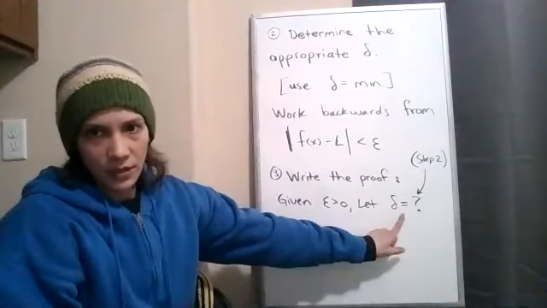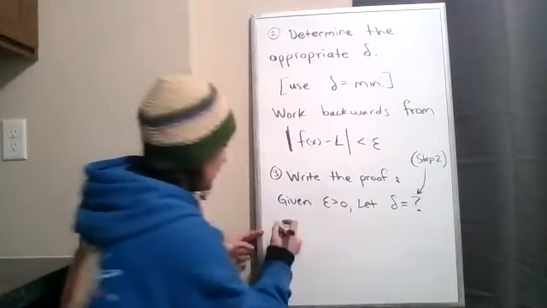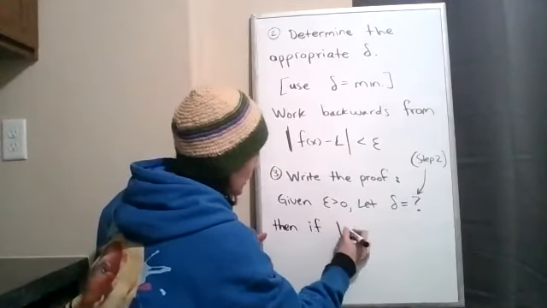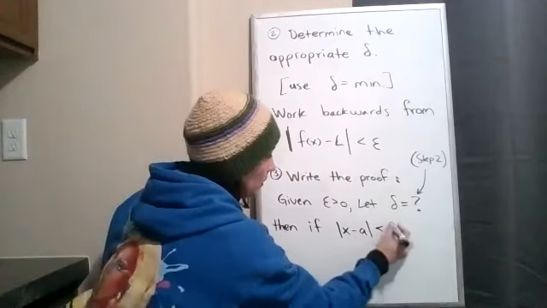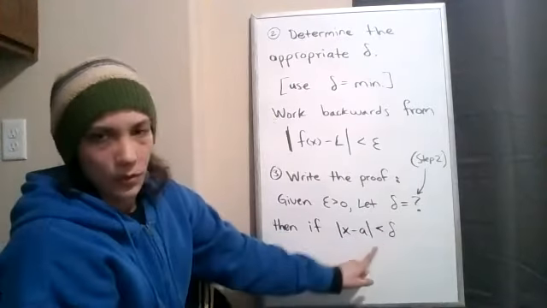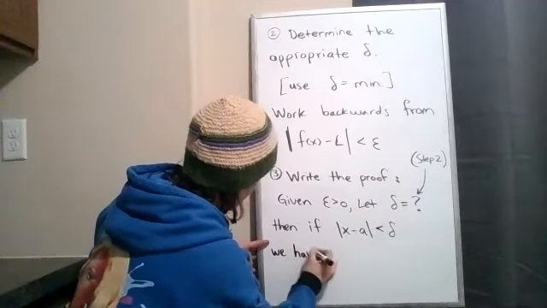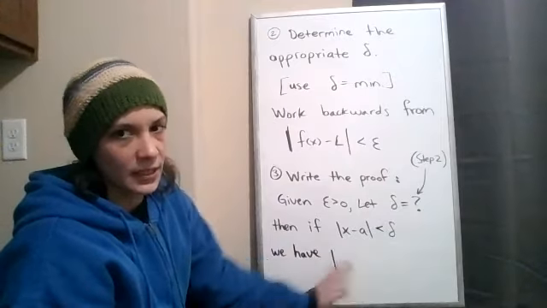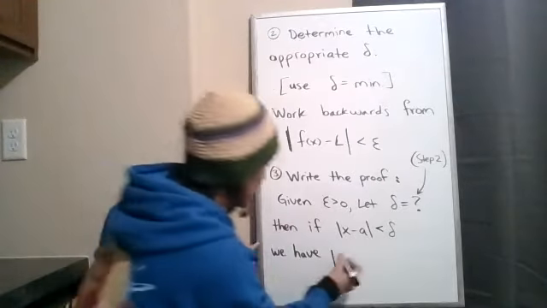Okay, whatever number you found in step 2. And then if the difference between x and a is less than this delta, we have the difference between f of x minus L, and then you show a little bit of the scratch work you did earlier.